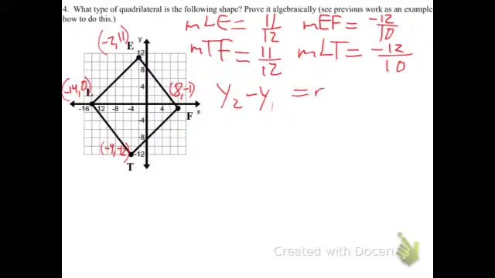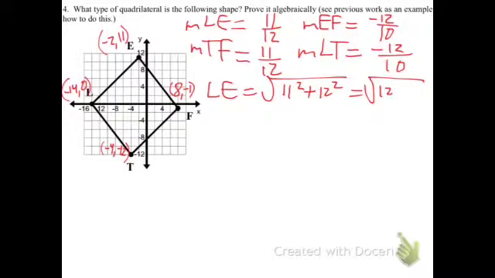Okay, so we can just take our slopes here and use that to get our lengths. If I want to get LE, I really just take 11, square that, add 12 squared. 11 squared is 121. 12 squared is 144.